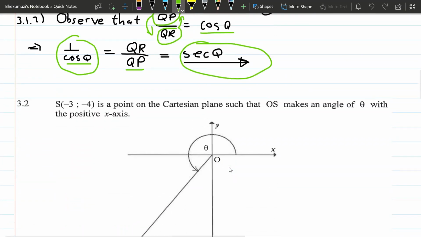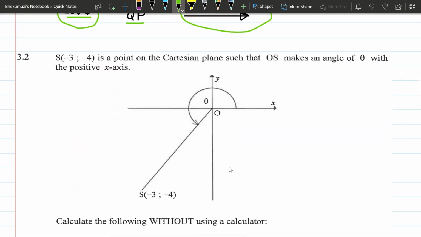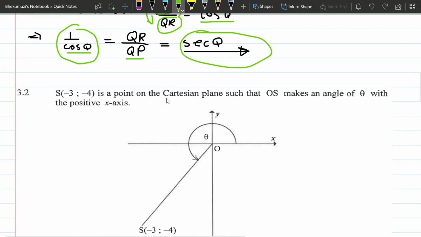So now with 3.2, they say S is a point on the Cartesian plane that OS makes an angle of theta with the positive x-axis. Now, what does this all tell us? It tells us that we have a point, a coordinate point, which is -3 and -4, meaning we have our x there and we have our y. And then they also tell us that we have OS, but OS stands for from the origin to the point S over there, right?